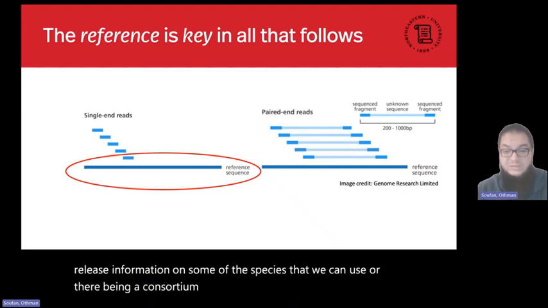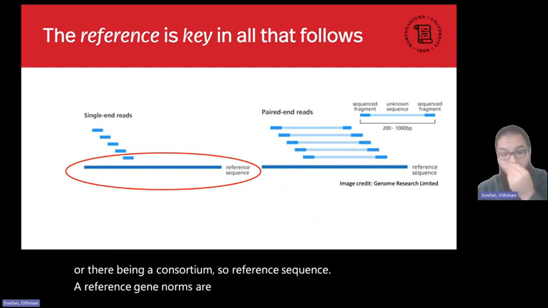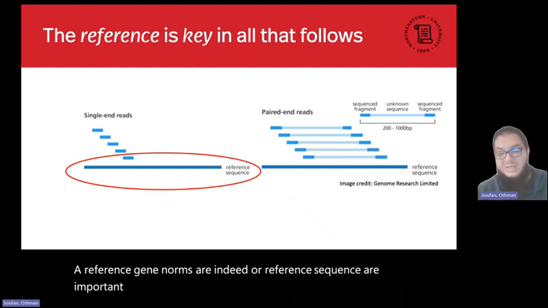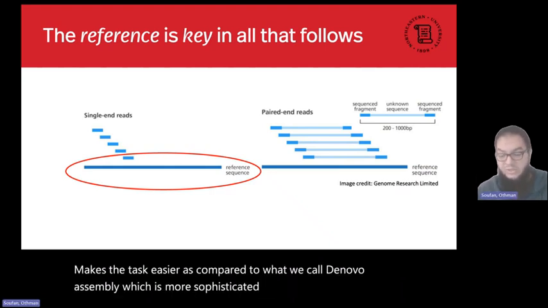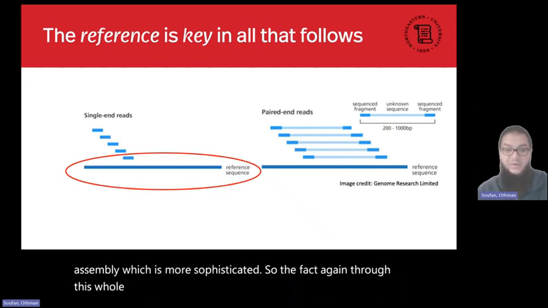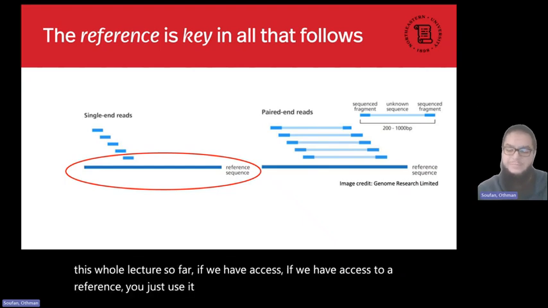So reference genomes, or reference sequences, are indeed important. They can make the task easier as compared to what we call de novo assembly, which is more sophisticated. So, through this whole lecture so far, if we have access to a reference genome, just use it, okay?